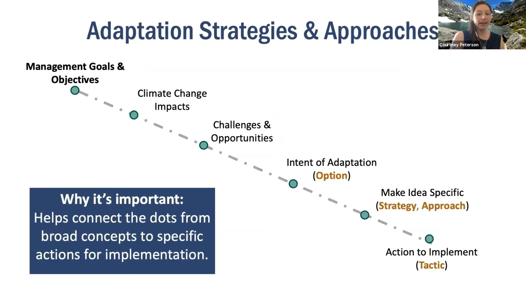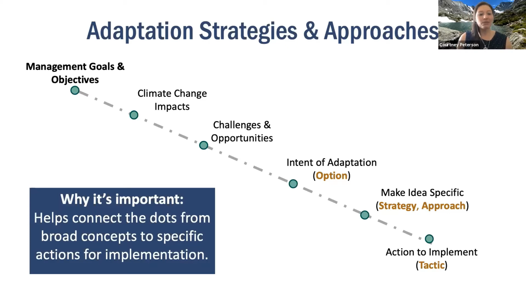Again, the menus and these concepts are really part of this logical train of thought to help connect the dots between our management goals and objectives all the way to those tactics or actions that we're implementing on the ground, and ultimately that monitoring plan to track and evaluate whether or not our actions were effective.